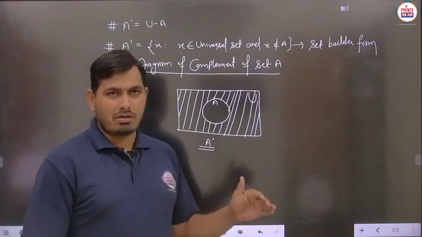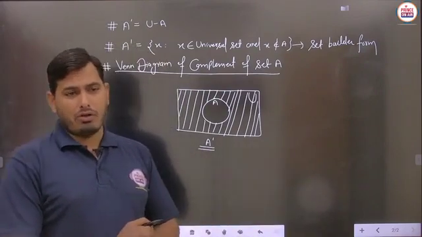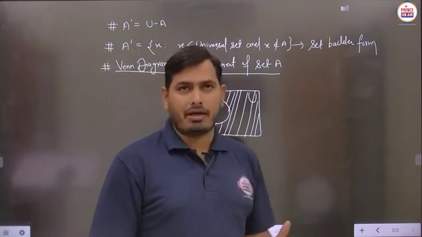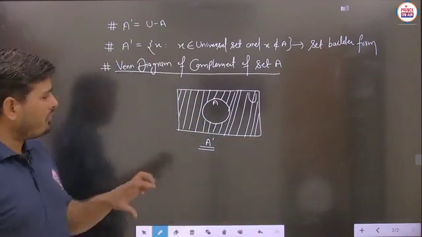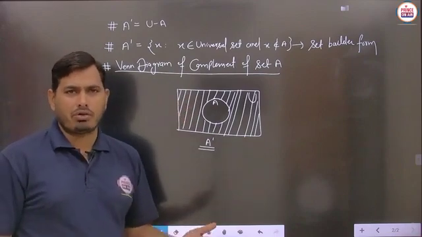So you can represent any complement set by a Venn diagram also. Venn diagrams are very important and very logical diagrams, where we have to look at the answers carefully, and the area we shade should contain the answer of the given expression.